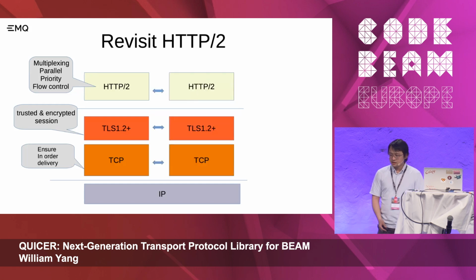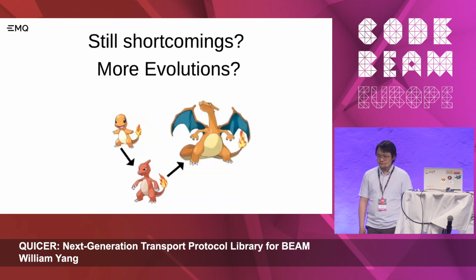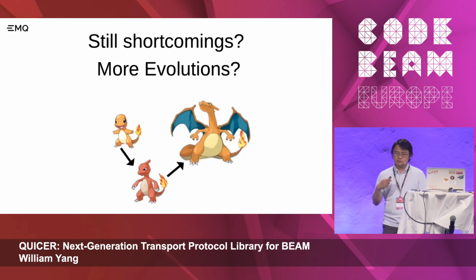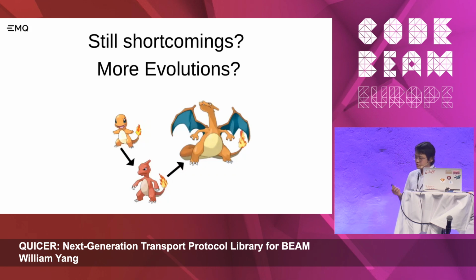multiplexing. So presumably, if everything works like this, each endpoint just talks on each layer, which works perfectly. But what if we want some more evolution, for example, to improve TCP congestion control?